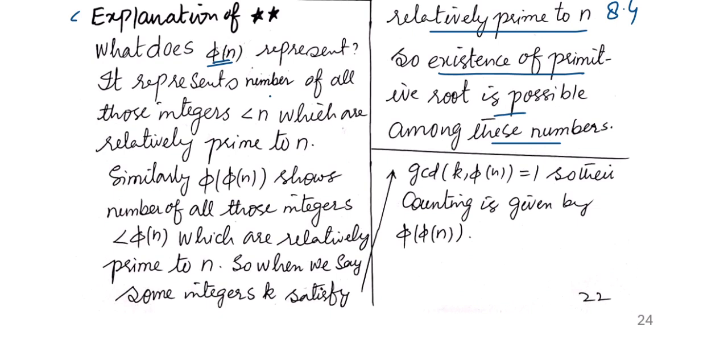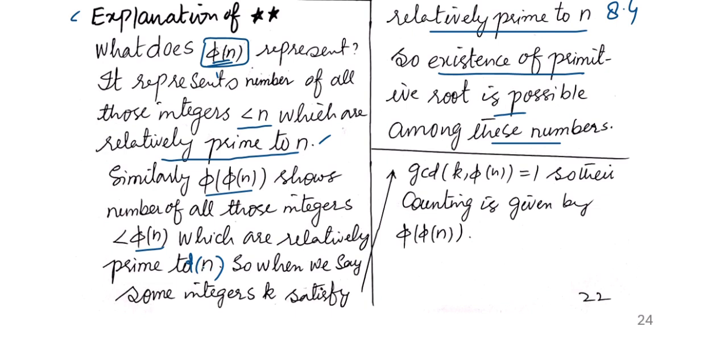It represents the number of all those integers which are less than n and which are relatively prime to n. This is the Euler totient function. Similarly, phi of phi of n shows the number of all those integers which are less than phi of n and which are relatively prime to phi of n.